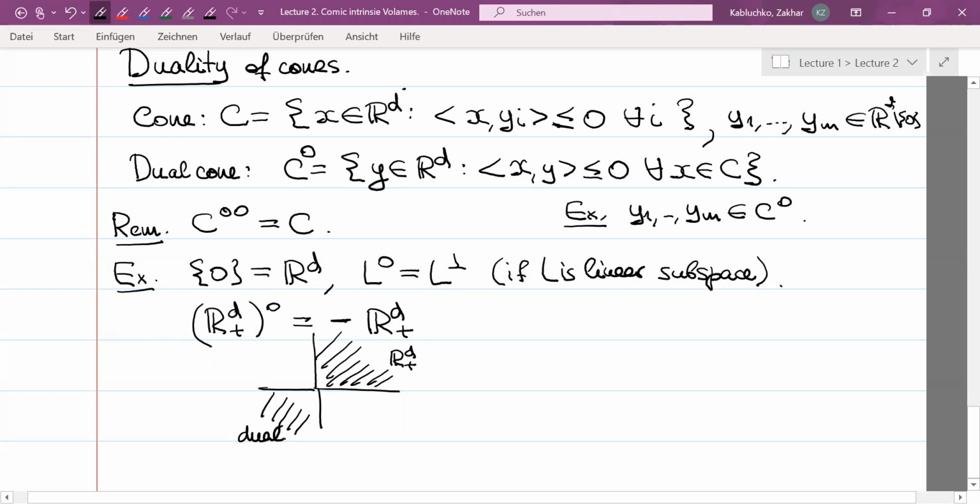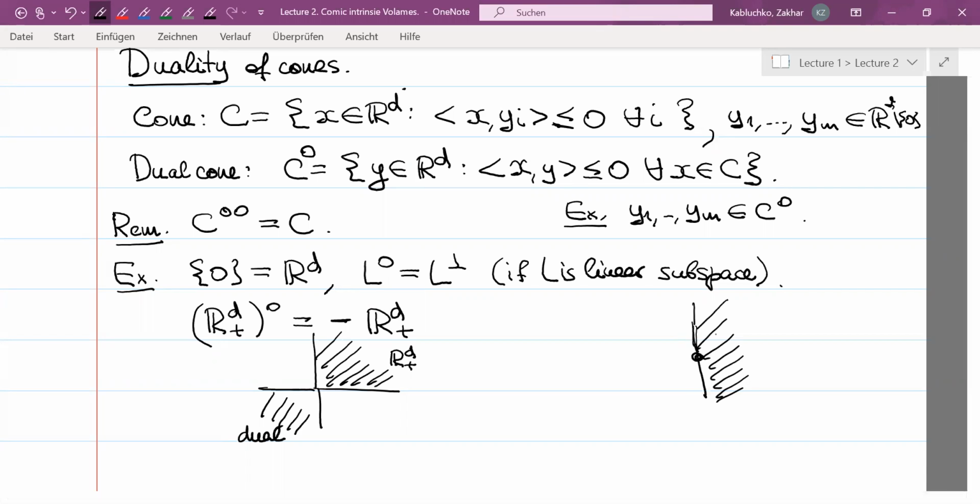What is the dual of the half space? A half space is also a cone. So what is the dual of the half space? What do you say? So any opinion? So it's the set of vectors such that any scalar product with any vector from this half space is negative or non-positive.